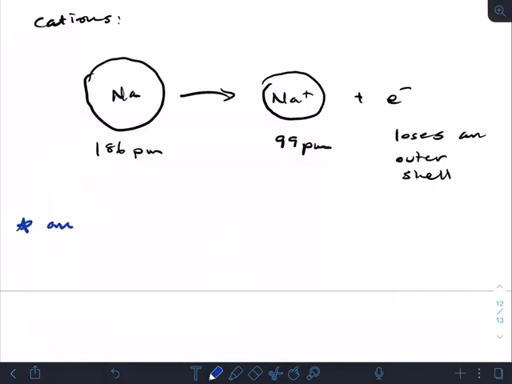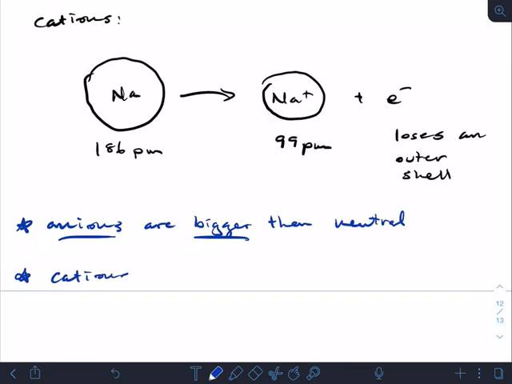So the moral of the story here, friends: anions are bigger than their neutral friends. Anions are bigger.